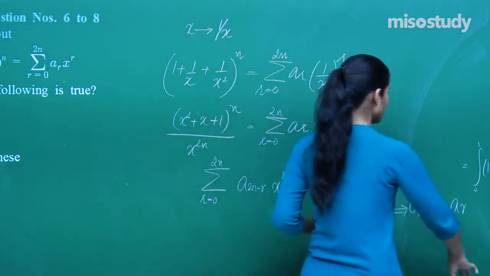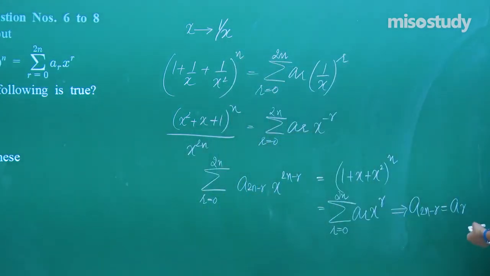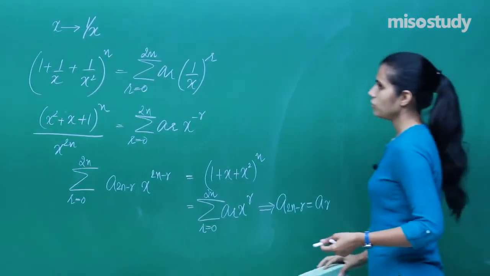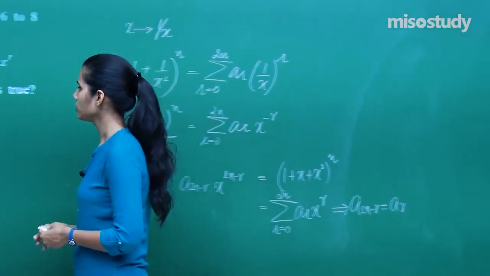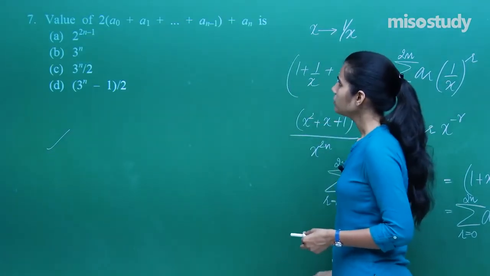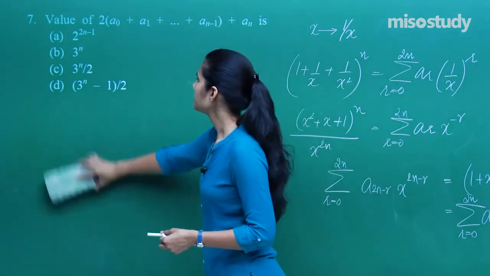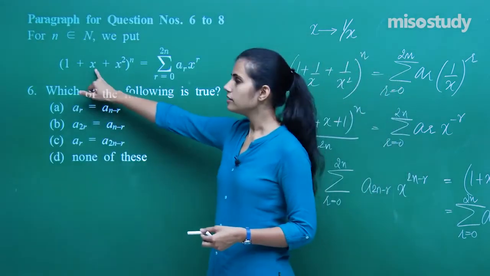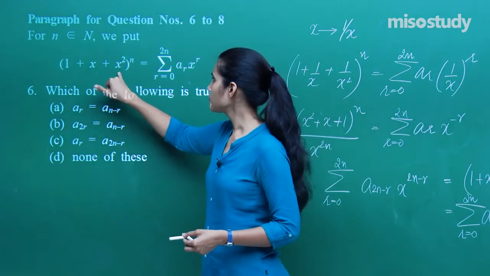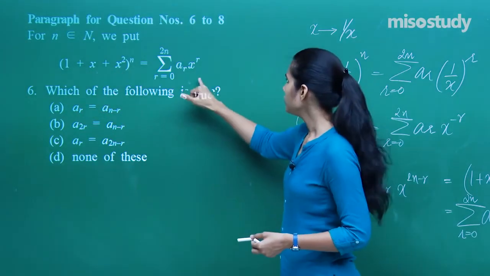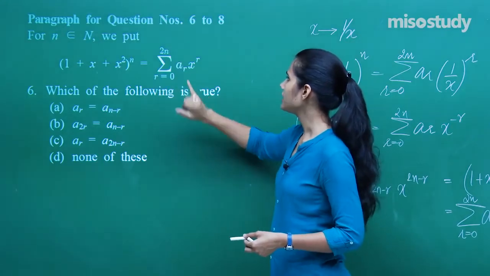The moment the first option has been marked, that a 2n minus r is equal to ar, what happens to the next? Let's see. So here we have a 2n minus r is equal to ar. Then you have what is the value of this. Now this is very simple. If in the place of x you put 1, you get 1 plus 1 square whole to the power n, which is 3 to the power n, and here you get summation r going from 0 to 2n ar.